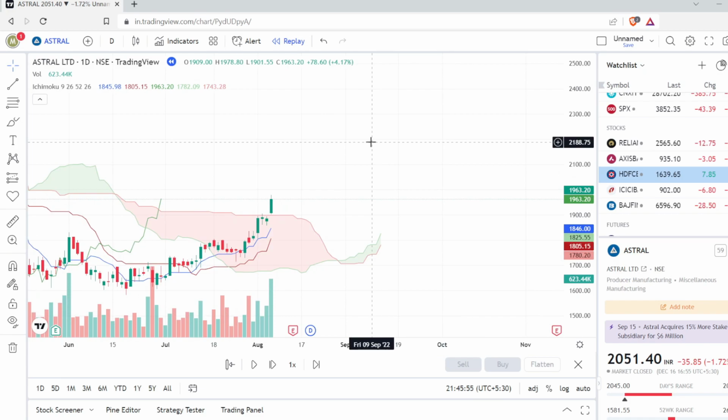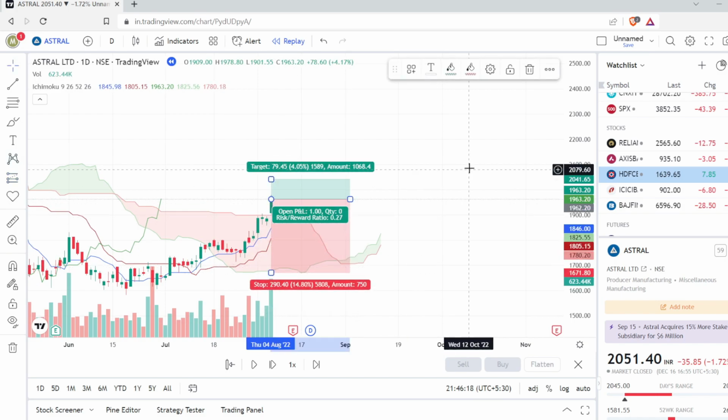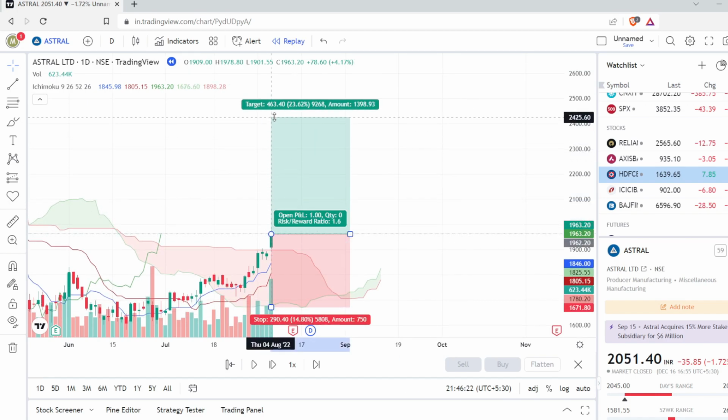But today I'm focusing on cash trades. As you can see here, Astral was a beautiful trade. The forward Kumo was bullish. The lagging indicator was far above the price from 26 days ago. The conversion line was above the baseline, and the expected profit out of it would have been around 30%, I think.